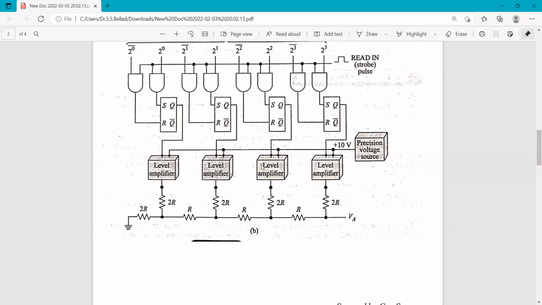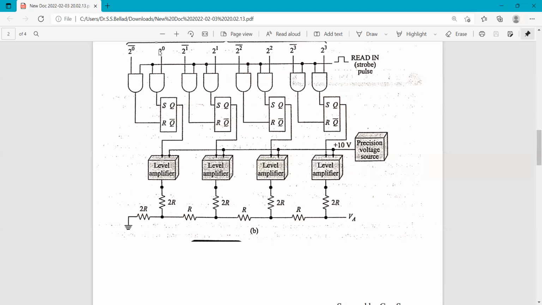Then the output of these level amplifiers is finally given to the ladder network. And you can see here 2 raised to 0 input is coming in this way. So this is called the LSB, the least significant bit.